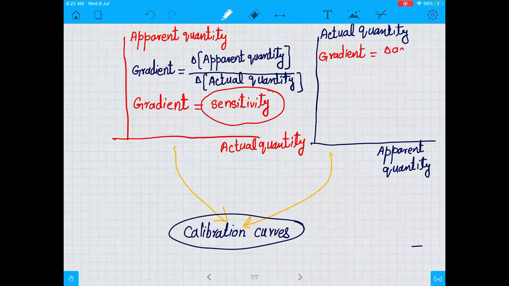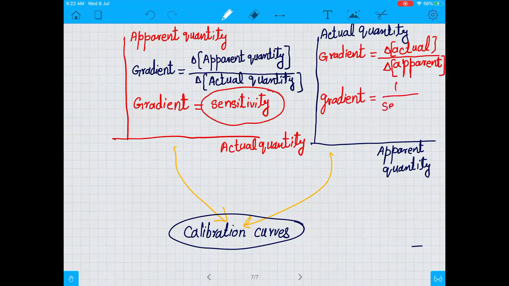On the other hand, if actual quantity is on the y-axis, then the gradient would be change of actual over change of apparent. Here, instead of sensitivity, it becomes the reciprocal of sensitivity. So the gradient of this graph is 1 over sensitivity.